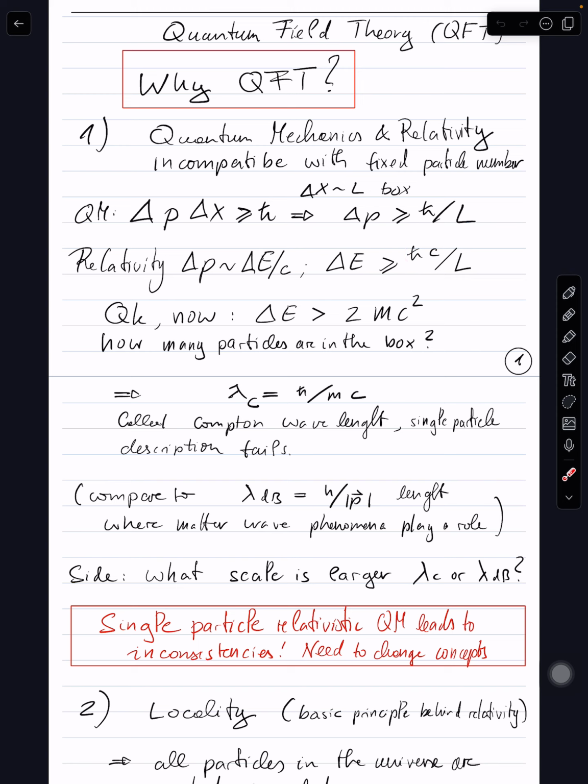Now, let's assume we can choose different boxes or vary the size L of the box, and we can shrink that box down, right? Shrinking that box down makes our uncertainty in energy of the particle that lives in that box larger and larger. So we can now ask the question, what happens if this uncertainty in energy gets larger than mc squared?